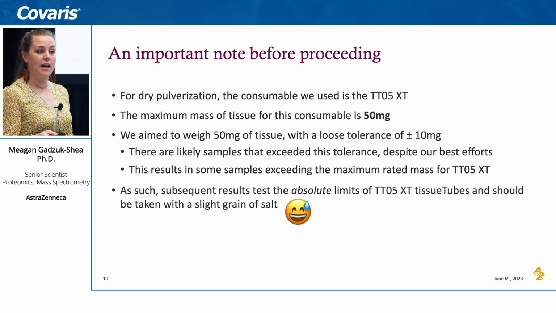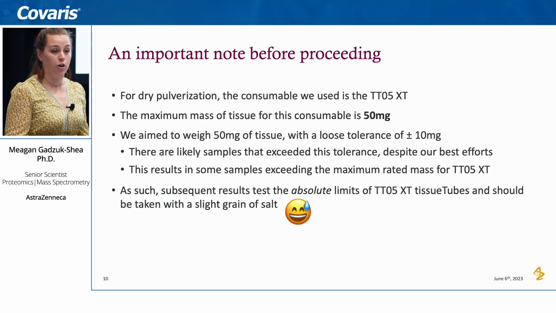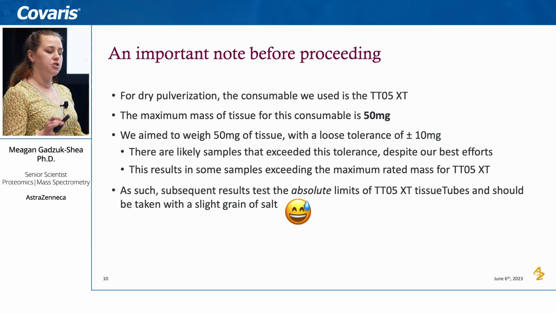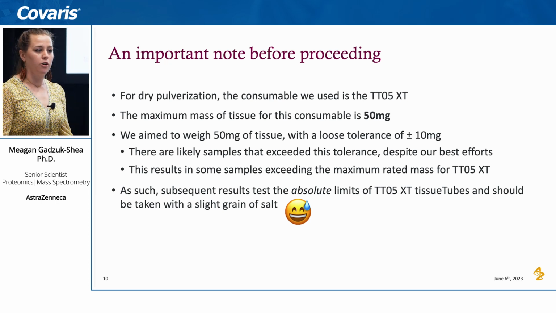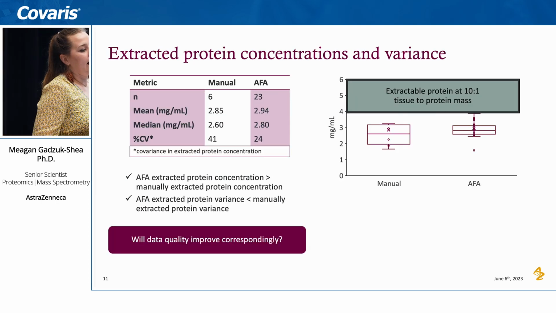But this is actually great because our ceramic bead consumables' maximum is also 50 milligrams. So this work is all testing the maximum limits. But I do just want to say you should take these results with a grain of salt. Science is an iterative process. Okay, so our baseline comparison.